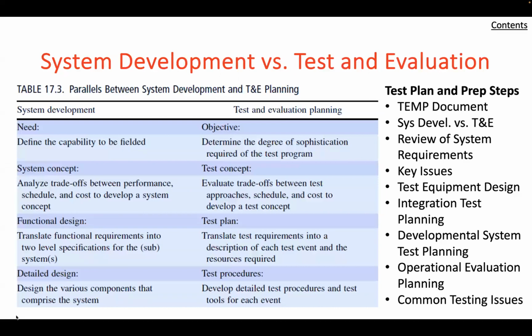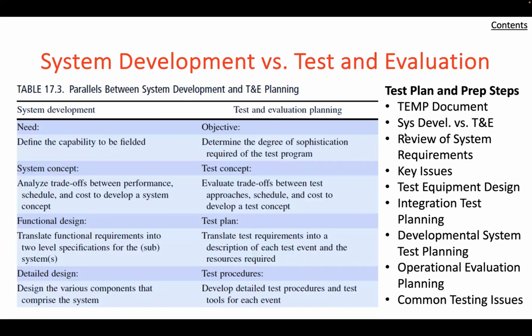Well, let's talk about the system development versus the test and evaluation, but put this in the context of the overall test planning and preparation and what are the steps that you need to be taking. And so we've talked a little bit about the TEMP, the test and evaluation master plan, that needs to be developed.